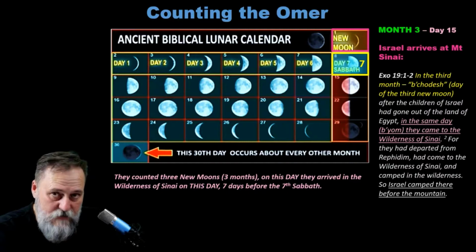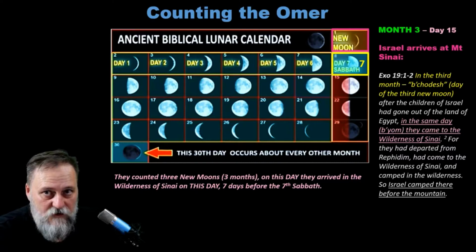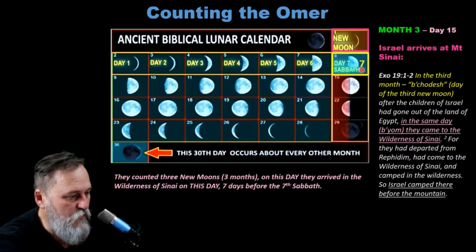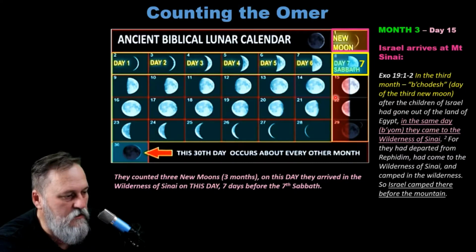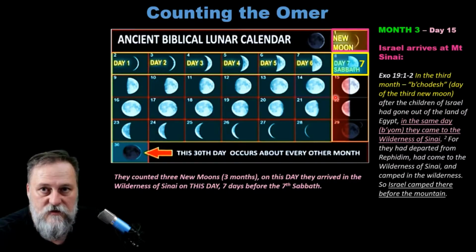So that can mean that the same day that they left Egypt on the 1st month, that same day on the 3rd month, which is the 15th of the 3rd, they arrived at Mount Sinai. So that will mean that they are at the mountain after the fact. So they would have celebrated this feast on their way traveling to the mountain, which made it impossible to do.